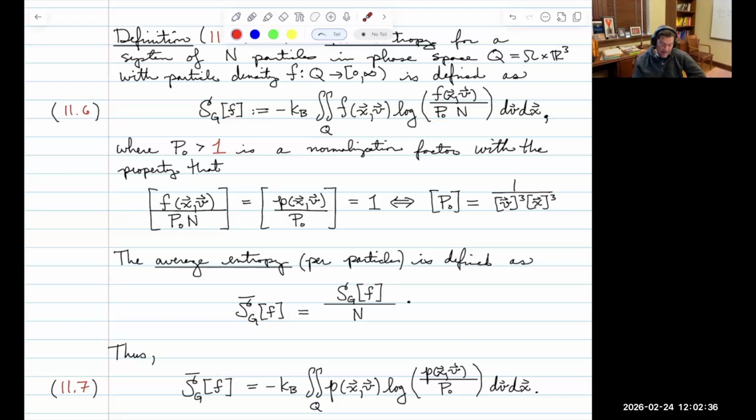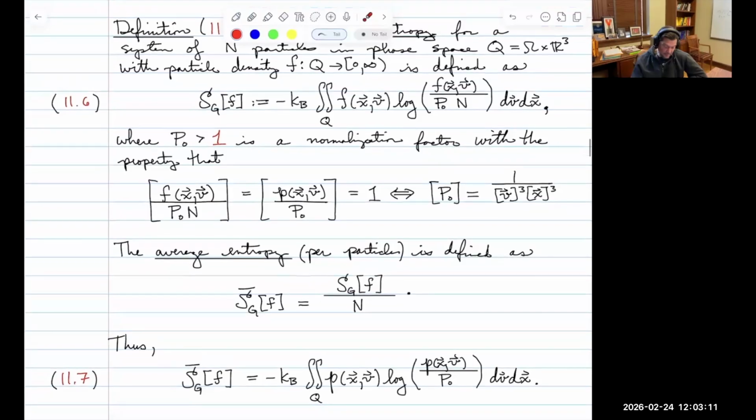The reason we have this here is it's just a normalization so that we can make sure that this whole fraction is unitless. And we still want it to be less than one so that this minus makes sense. Now, that's not exactly true because we could shift our minimum entropy value a little bit. But if you want the minimum entropy to be zero, then this becomes an important normalization.